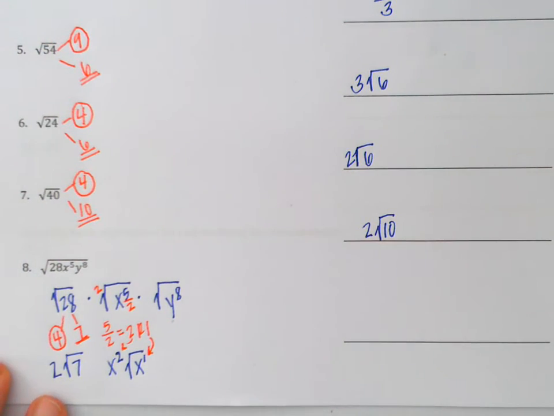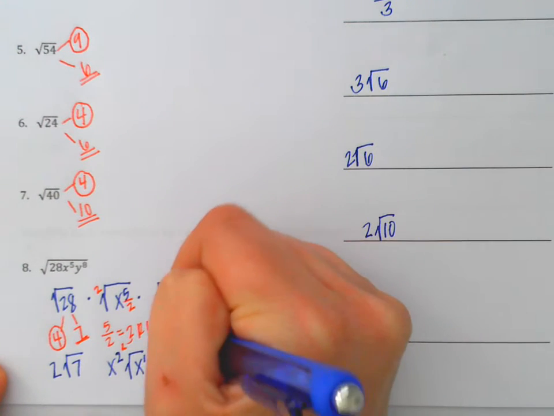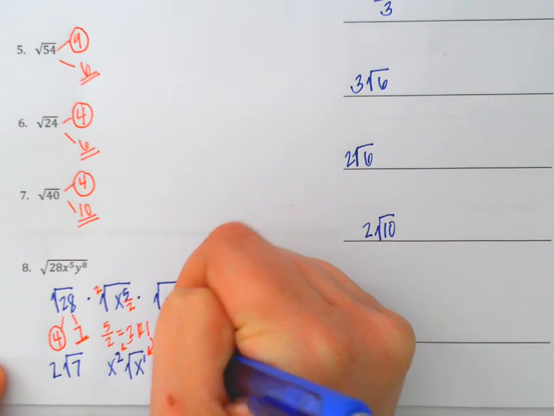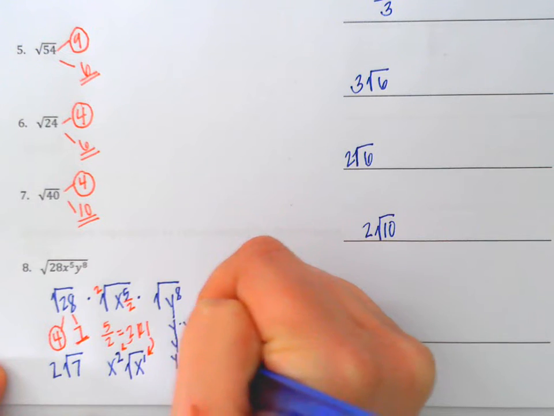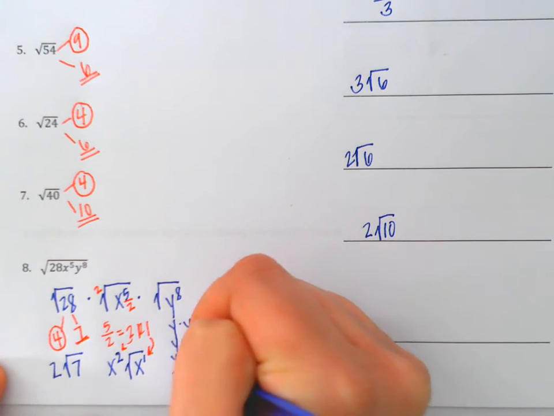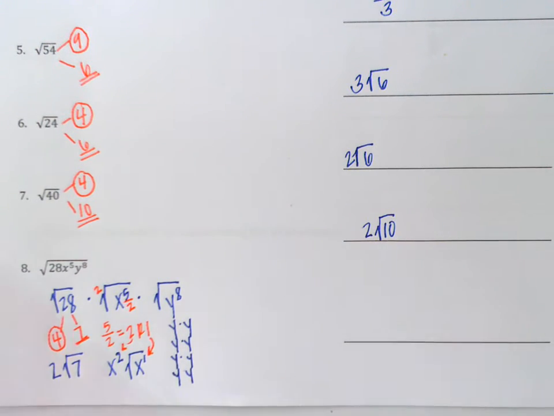Now, the other way of doing it, besides dividing by the index number, is actually writing it out. So y to the 8th is y times y, 8 times. And then we look for groups of 2 of the same thing.